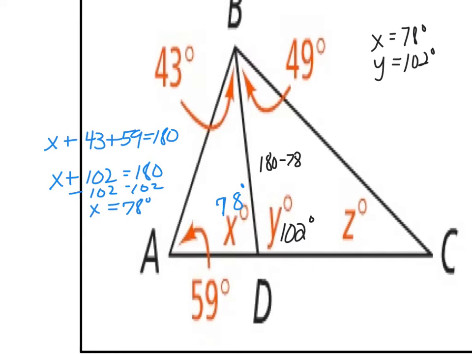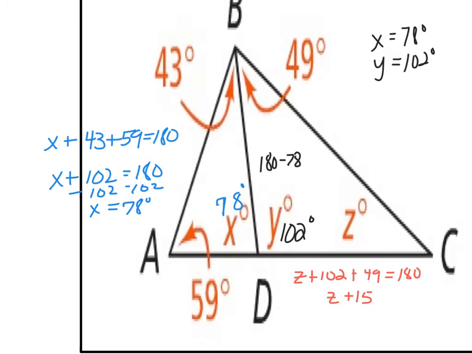Now, if you look at this right side triangle, triangle BDC, I know that angle's 49 and that angle's 102. I should now be able to find z. I'm going to take z plus 102 plus 49 and set that equal to 180, because those are the three angles of the triangle.